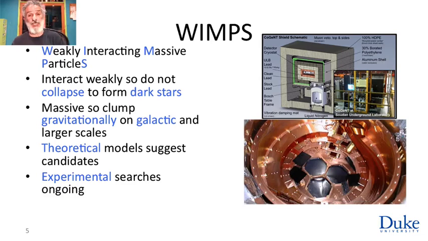These are conjectured to be a completely new and yet undiscovered form of matter. We know about quarks and leptons and protons and neutrons, and there's a WIMPon, some new kind of particle that we have never detected. We have never detected it because it interacts only very weakly with matter.